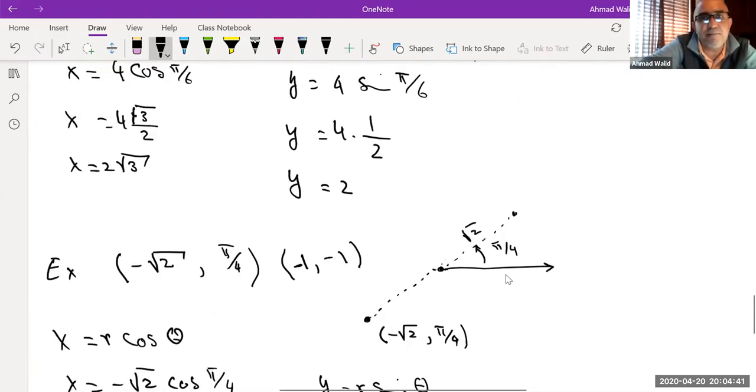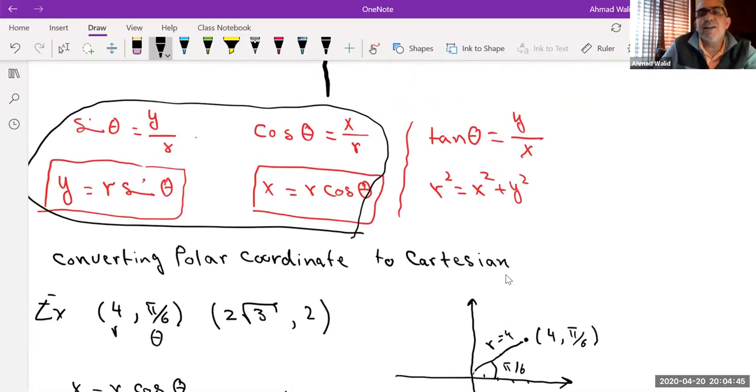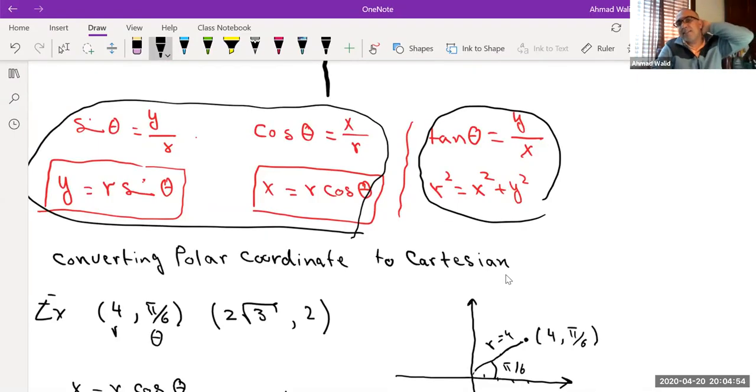Let's go a little bit back up. To change Cartesian to polar, use these two always. You have tangent of theta equals y over x, and r squared equals x squared plus y squared, correct?